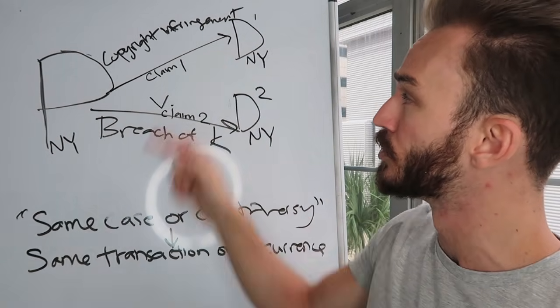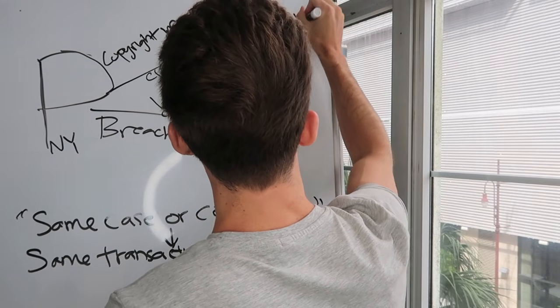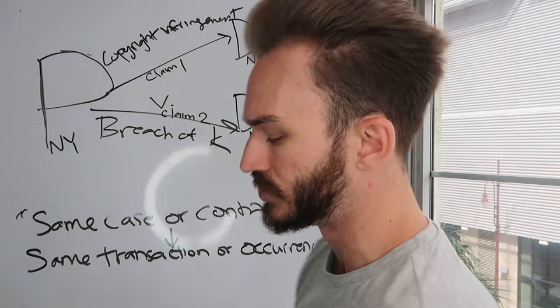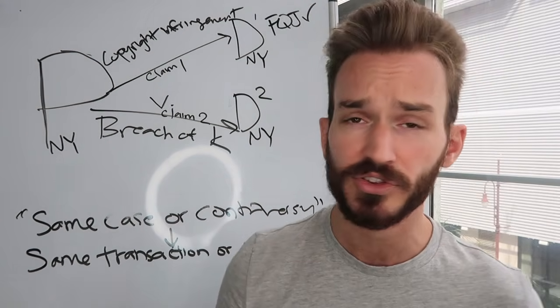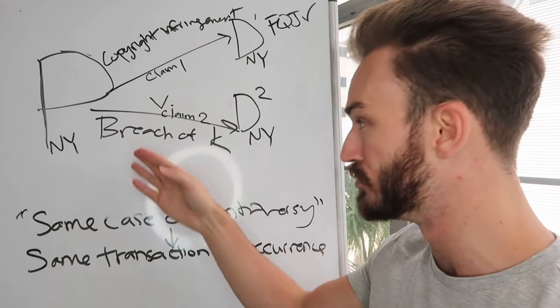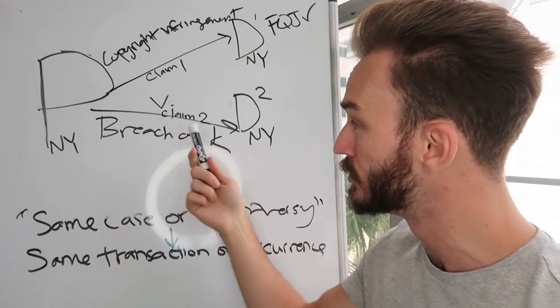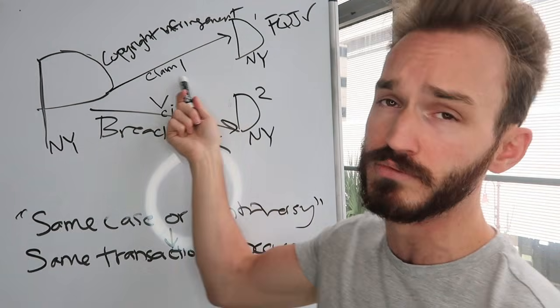So we know federal question jurisdiction exists right here, no problem. So court has federal question jurisdiction over claim number 1, no problem. Claim number 2, even though it's against a different defendant, it doesn't matter. The same test applies. Does this claim number 2 constitute the same case or controversy as claim number 1?